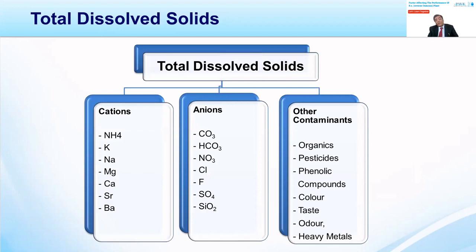Total dissolved solids. Now, we categorize the total dissolved solids which are present in any source of water. We have the cations. You can see these are potassium, sodium, magnesium, calcium, strontium, barium. We have the anions: carbonate, bicarbonate, nitrite, nitrates, chloride, fluoride, sulfate, and silica.